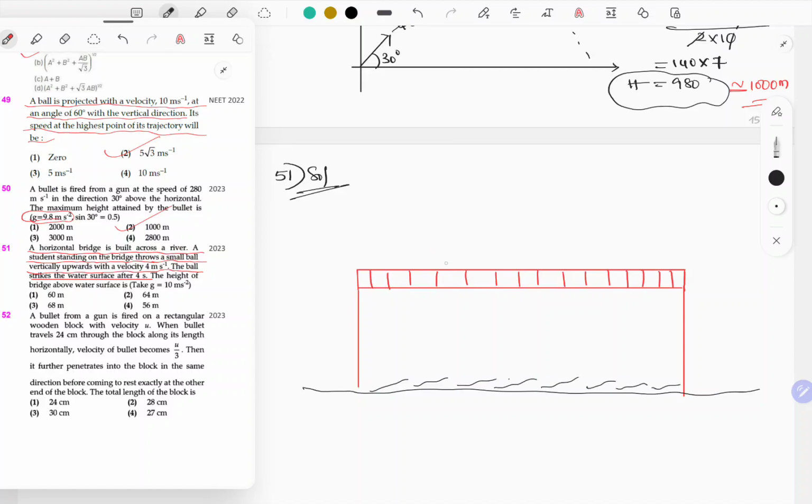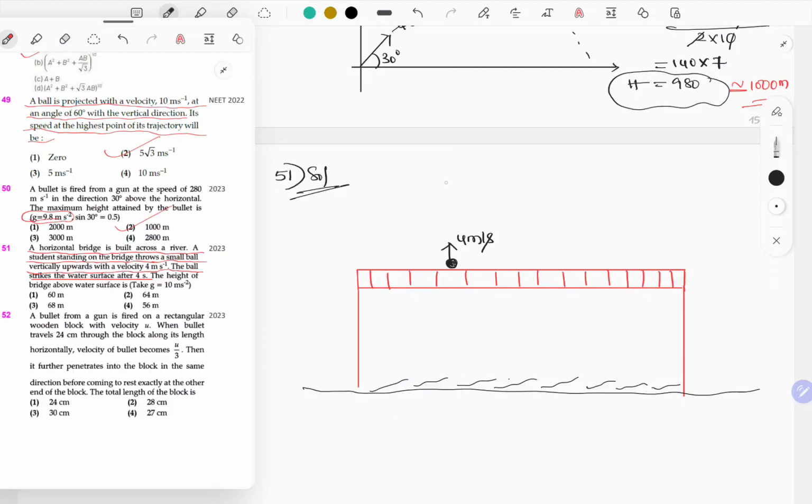A person throws a ball vertically up with 4 meter per second. The ball strikes the water after 4 seconds. They are asking the height of the bridge.